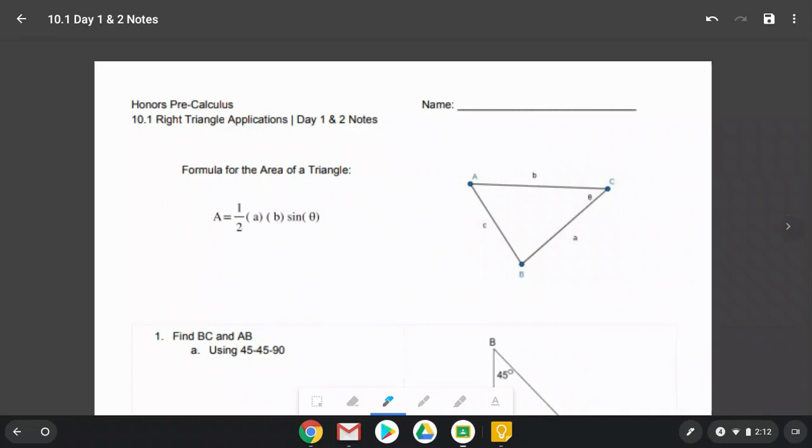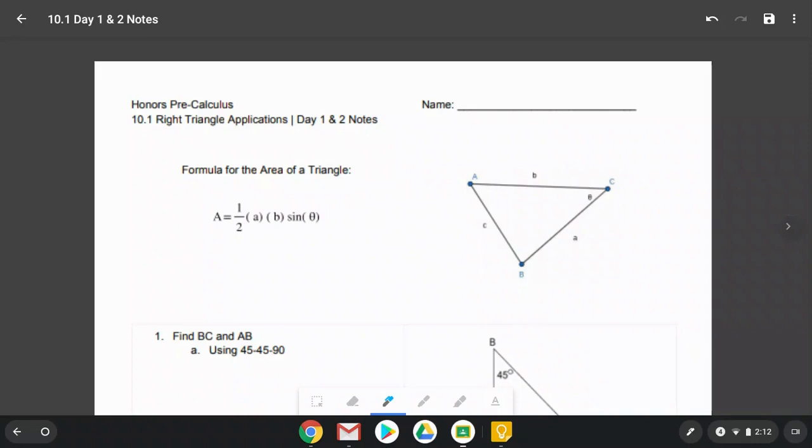Okay, so for 10.1 right triangle applications, we are going to start with this formula for finding the area of any triangle, regardless if it's a right triangle or not. That is given here.